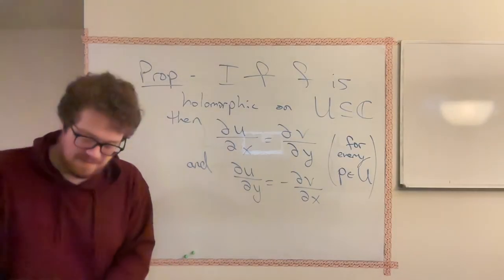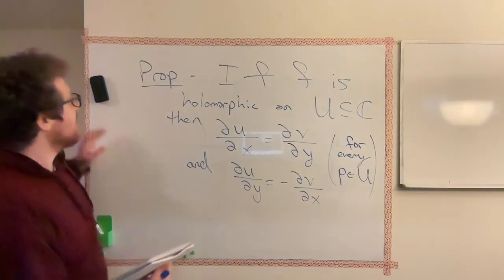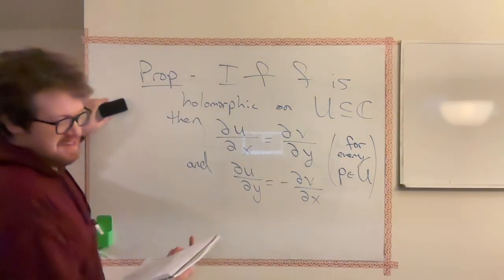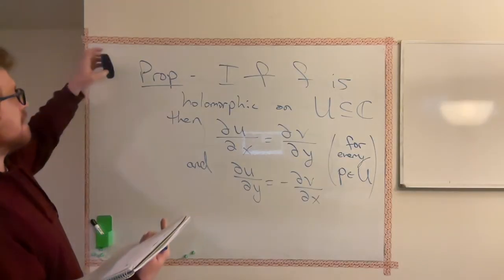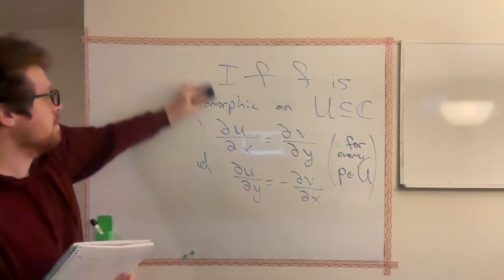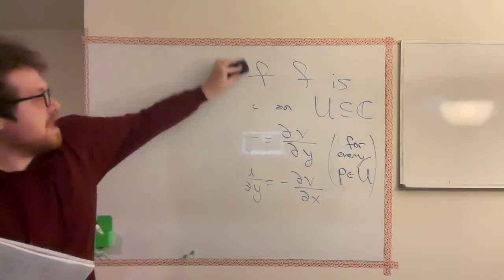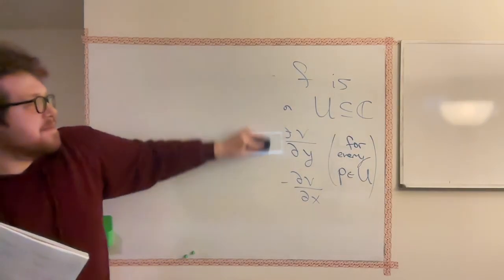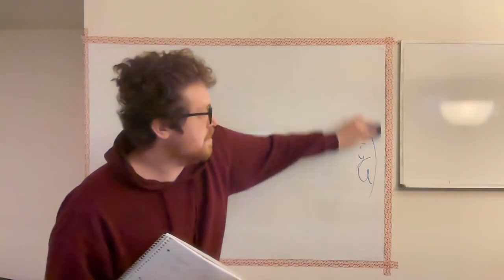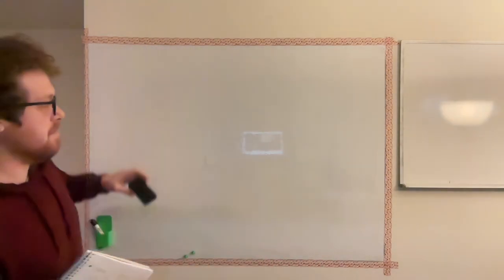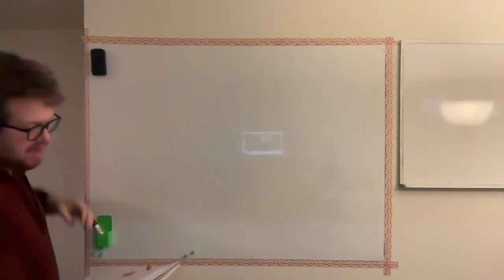But yeah, too much yapping, but let's get into the actual math of it. So we're doing complex line integrals. And there will be a fundamental theorem type thing if the function is holomorphic. So there's a sort of fundamental theorem of calculus for complex line integrals.